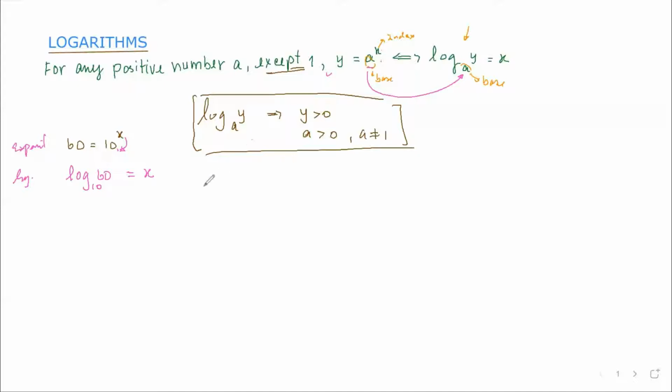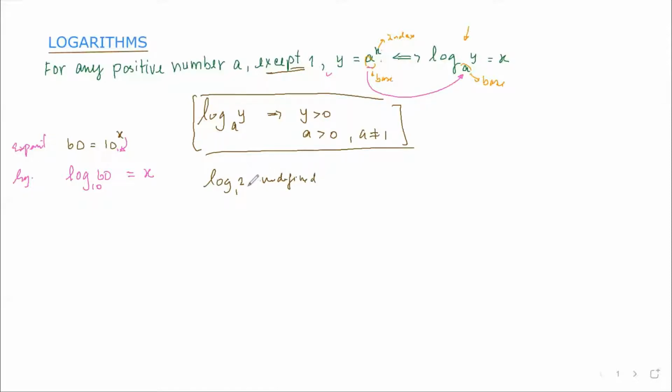So if for example I have log y, y can be any real number also, but y has to be greater than 0, right? So if I let y equal to 2, for example, and a become 1, in this case it's undefined, no solution.